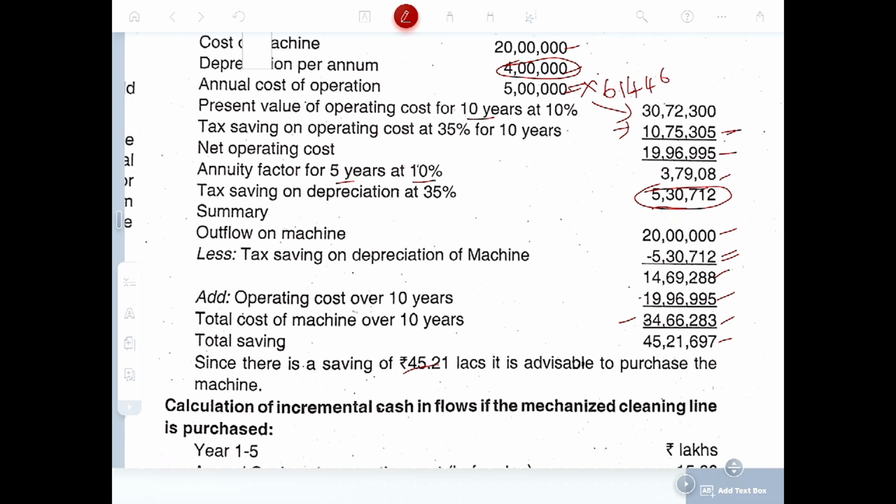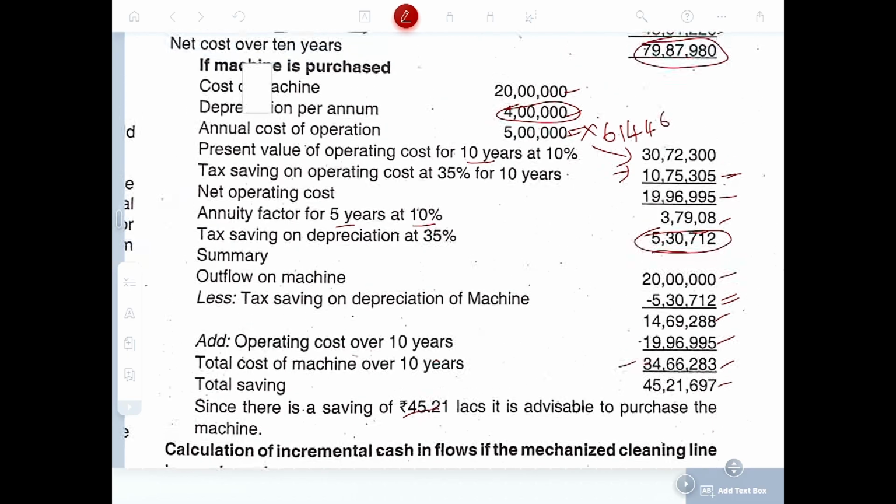Operating cost corrected. Annuity factor of 5 years at 10 percentage. 5 years.